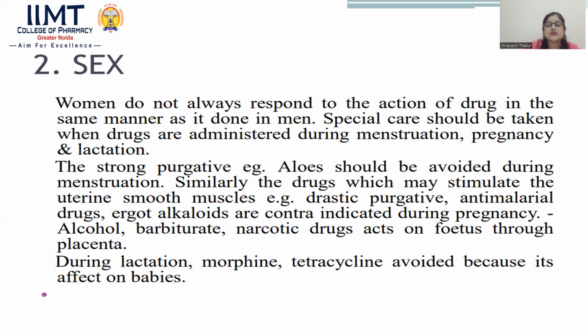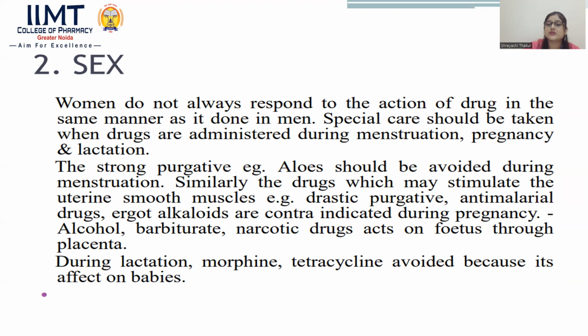The next one is sex. Sex is also a very important factor. Women do not always respond to the action of drugs in the same way as men, so special care should be taken when drugs are administered during menstruation, pregnancy, and lactation, etc. For example, strong purgatives such as aloes should be avoided during menstruation.